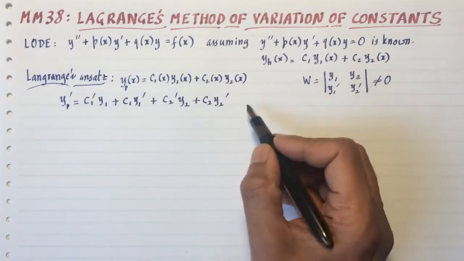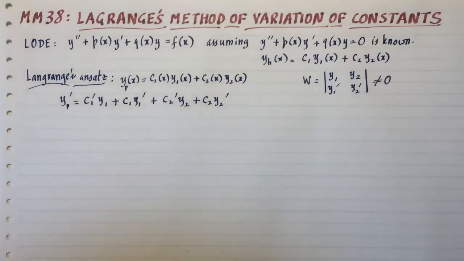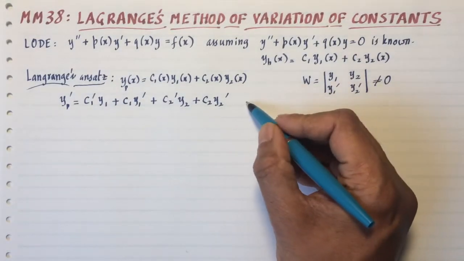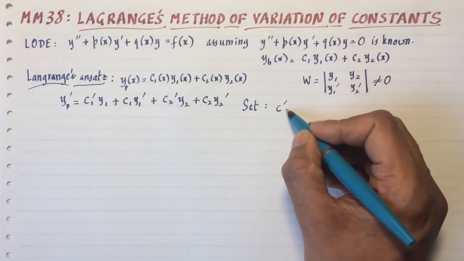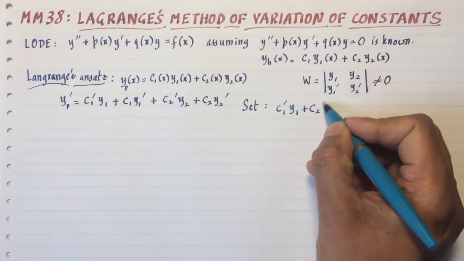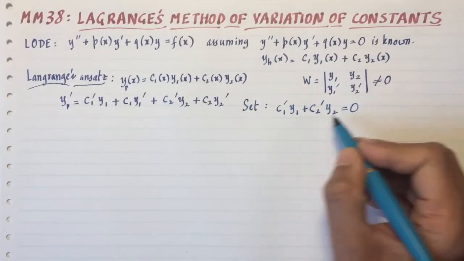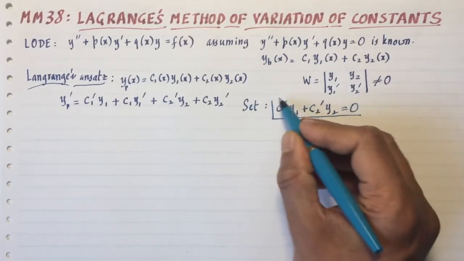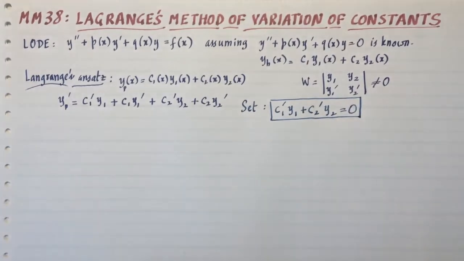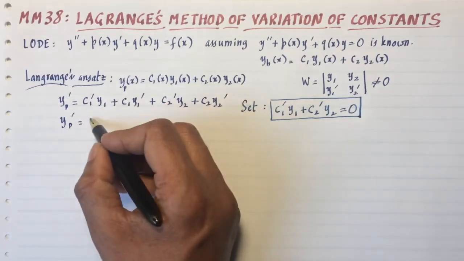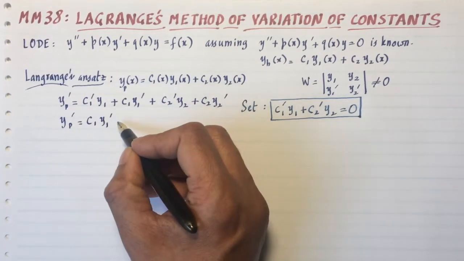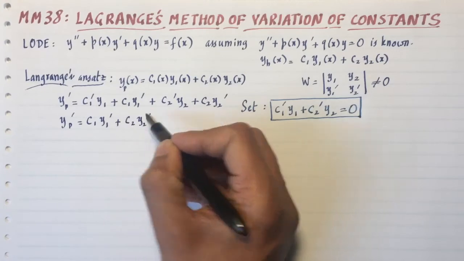Now we're going to assume, and we'll justify this after we finish the calculation, we have enough freedom to set c1 prime y1 plus c2 prime y2 equal to 0. Let's just do that and see where we get. So that's where you get your name tagged onto a method when you have the courage to do something like this. So yp prime then becomes simply c1 y1 prime plus c2 y2 prime.